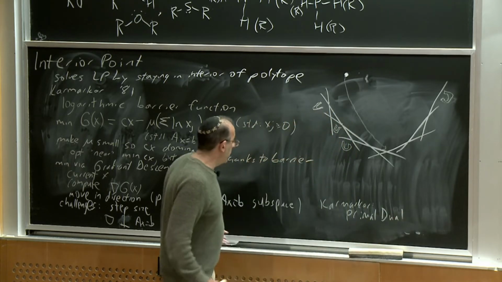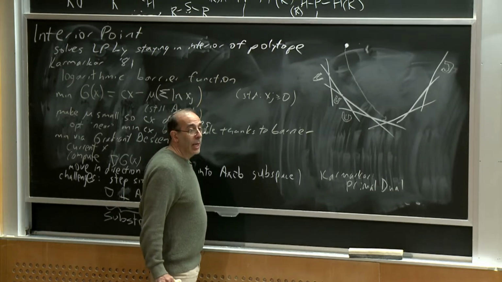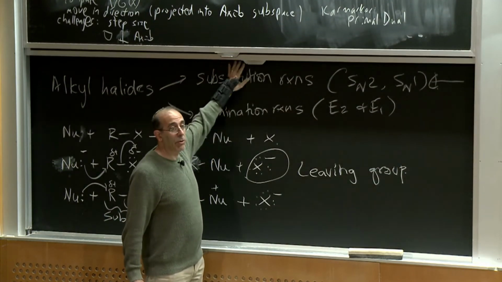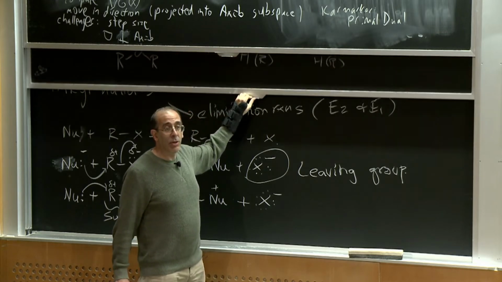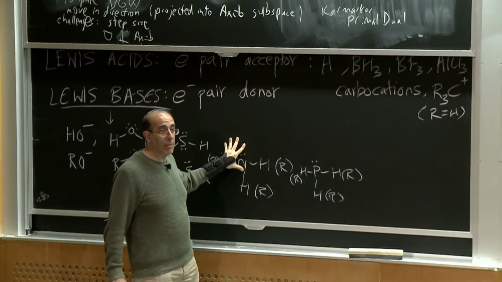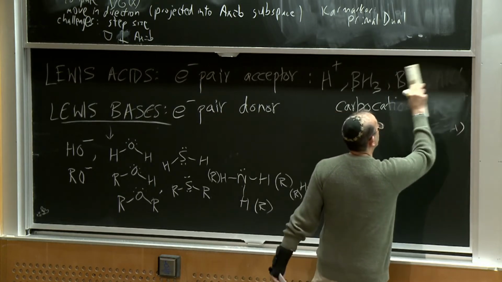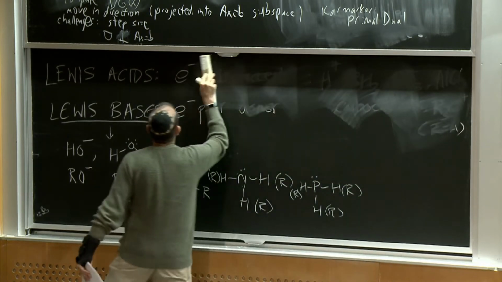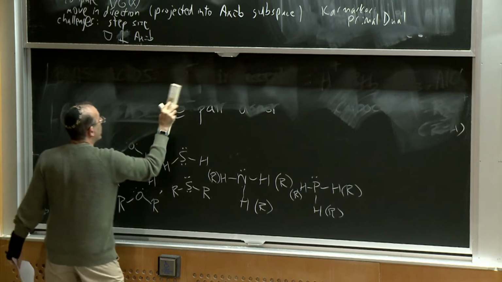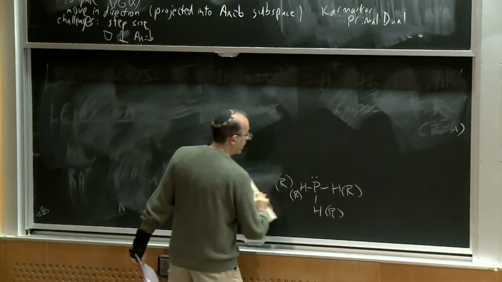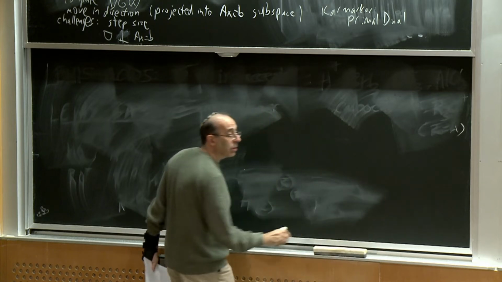He said, you take this gradient, and if a lot of the gradient is inside the Ax equals b subspace, then you can get a significant improvement in the primal solution. If, however, the gradient seems to be perpendicular to the Ax equals b subspace, then you can use the perpendicular part to give yourself a significant improvement to the dual solution.